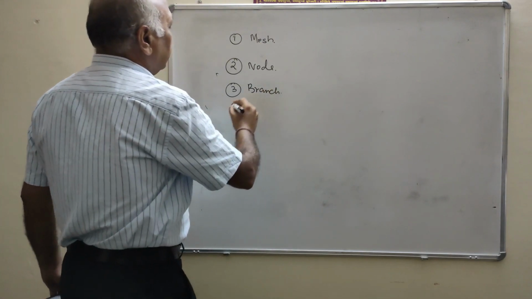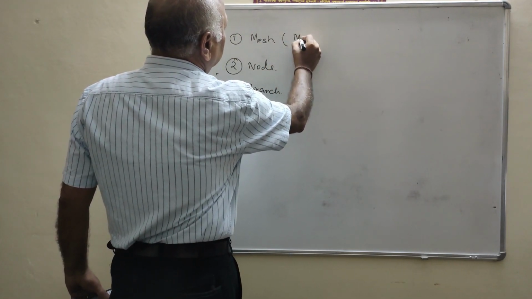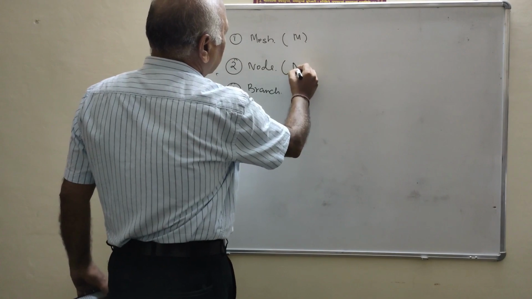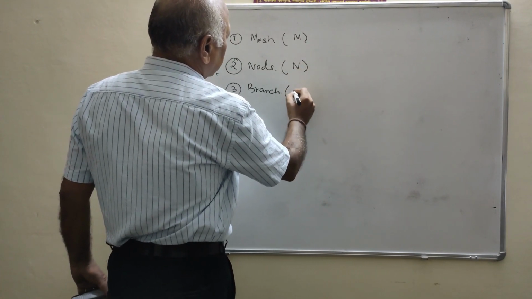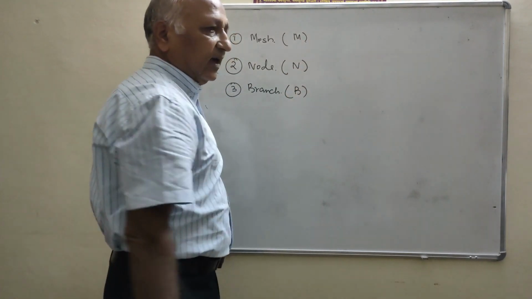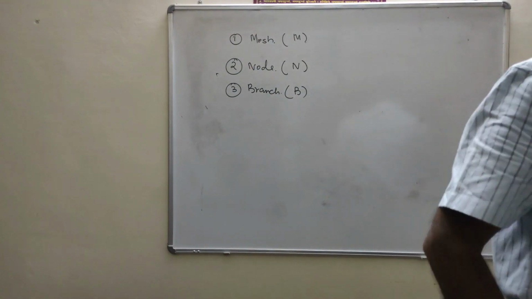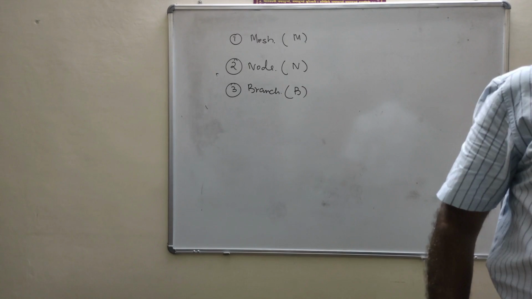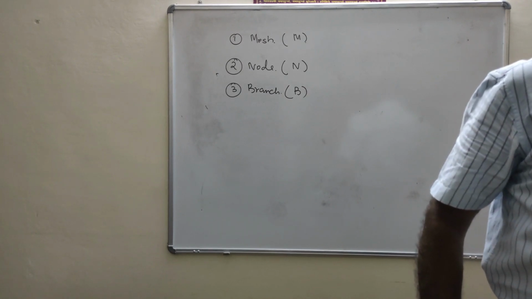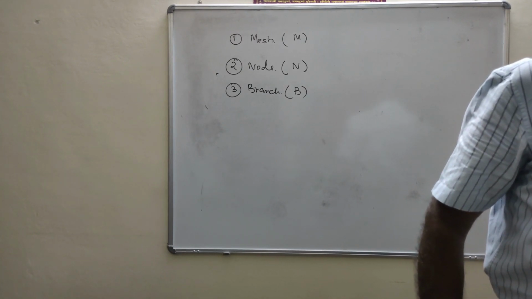Always remember, the mesh is given by the letter M, the node is given by N, and the branch is given by B. Now we will find the relation between the mesh, branch and node.